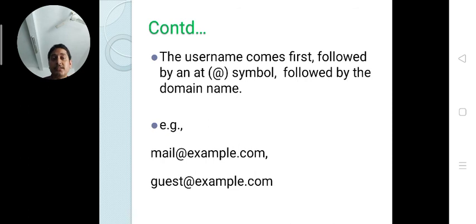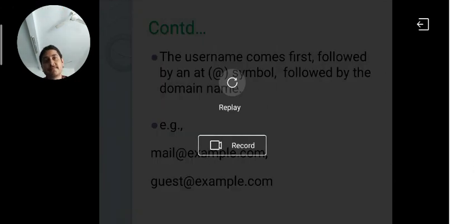Examples of an email address are mail@example.com, guest@example.com, abc@gmail.com, anything. The first part which appears before @ is your username, and after @ it is the domain name. Domain name means the name of the network which we are using. Okay, thanks. We will discuss more in the next class.